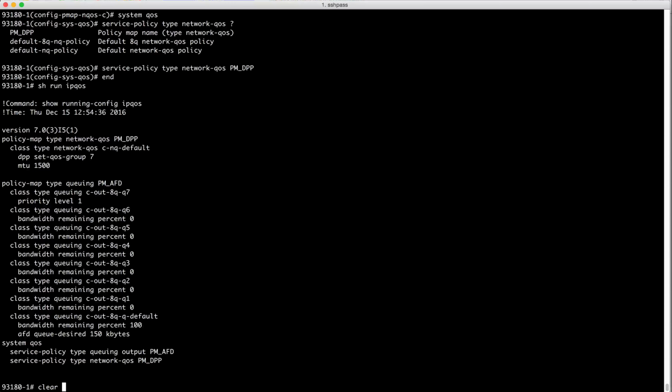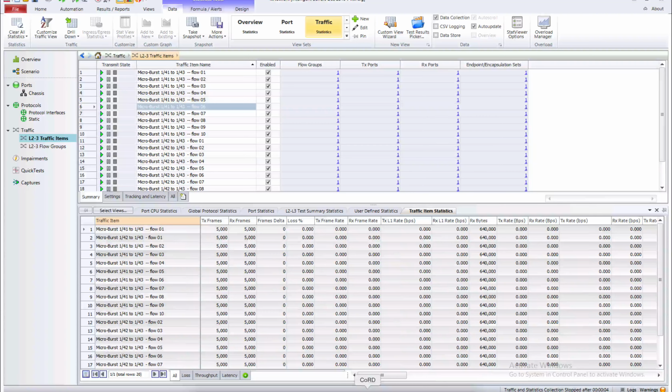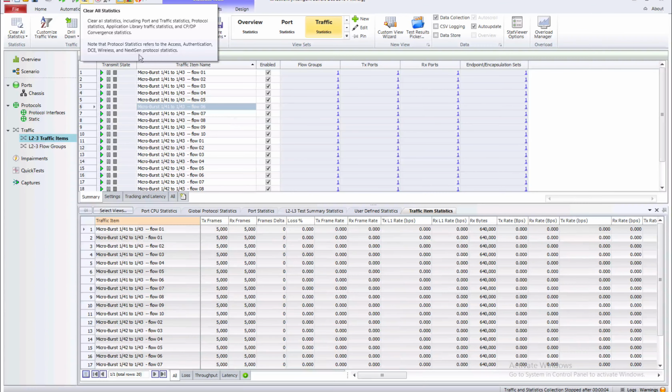Let's clear the QoS statistics, and we will resend the microburst flows and look at the QoS counters.